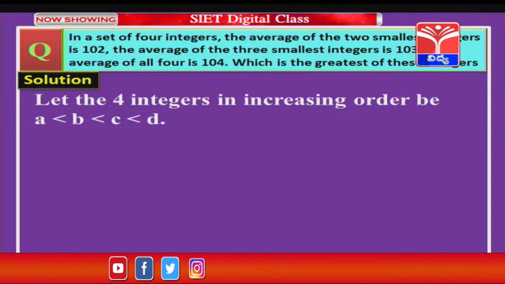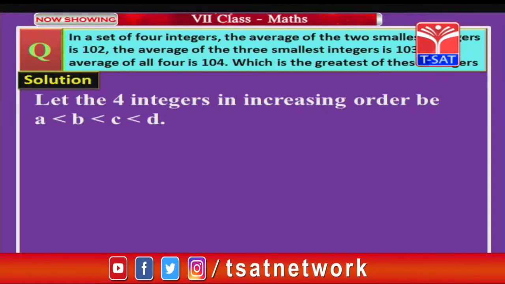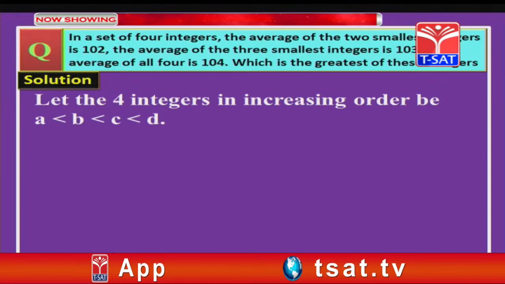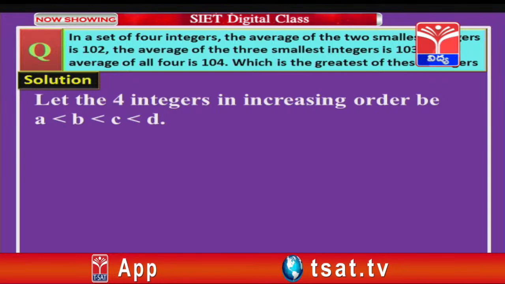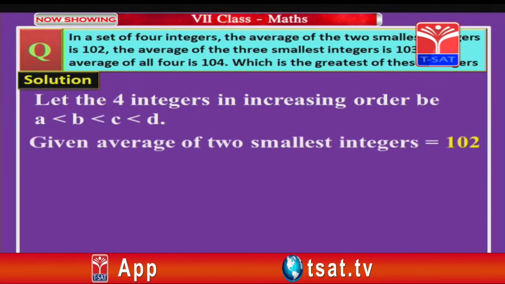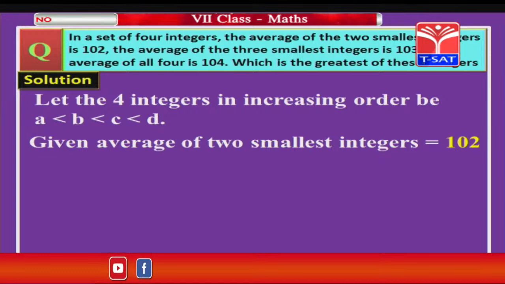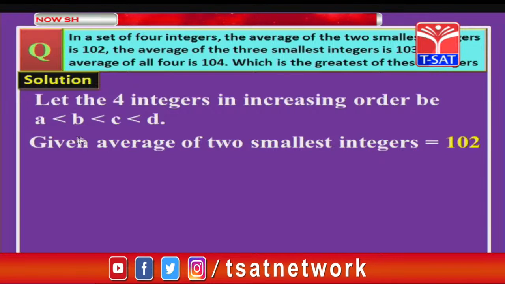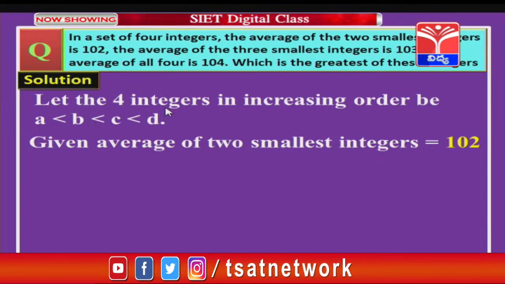So, let us assume the integers as a, b, c and d. So, a less than b, less than c and c less than d, which means d is the greatest integer. So, we are going to find the value of d here. Given average of 2 smallest integers is 102. So, children, what are the smallest integers here? A and b are both smallest integers, right. So, what is the average?